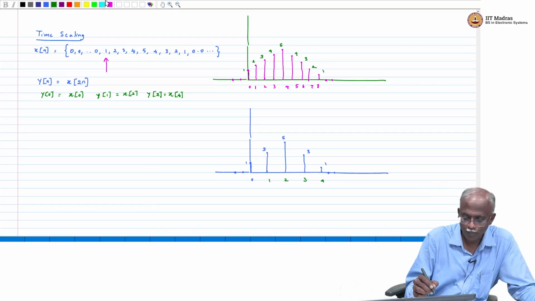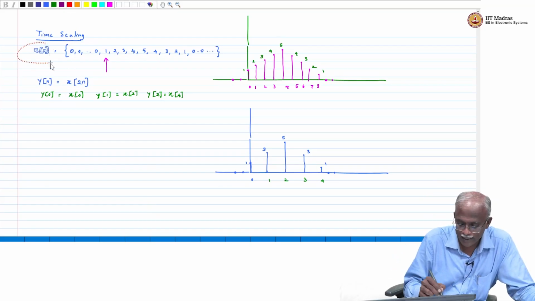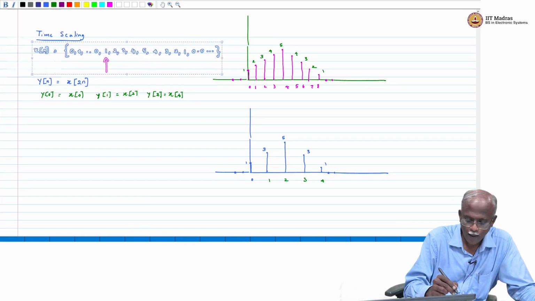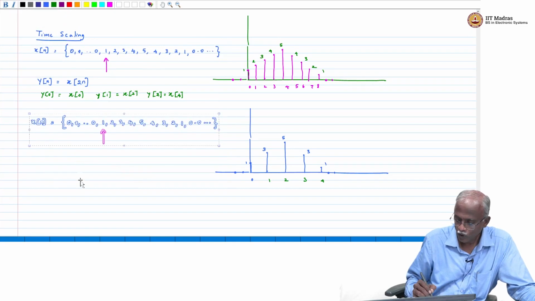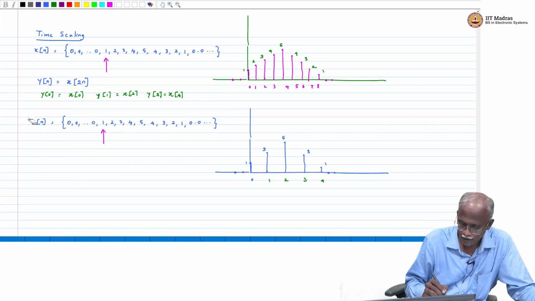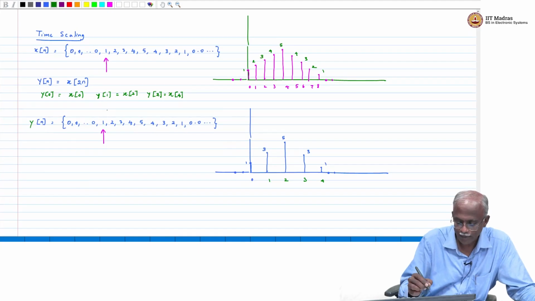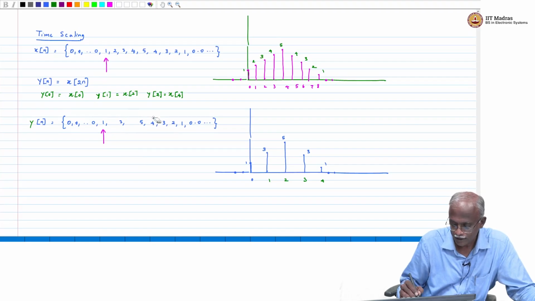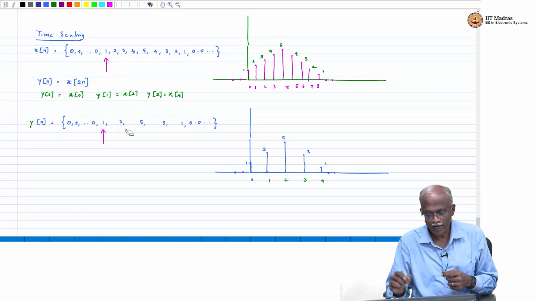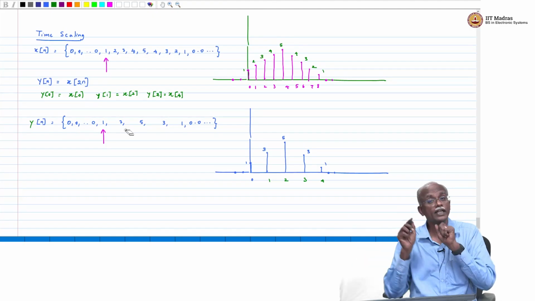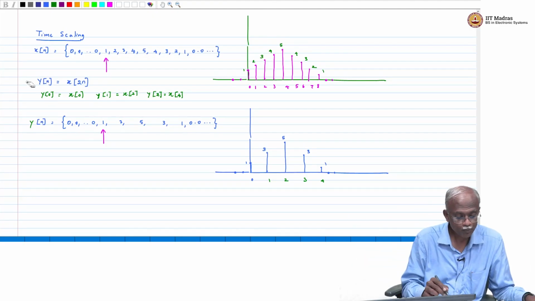Or maybe it's easier if you look at it as a sequence. So y of n is x of 2n. Y of 0 is the same. This sample got dropped. Next sample got dropped. This sample got dropped. This got dropped, and zeros of course are there. So 1, 3, 5, 3, 1.